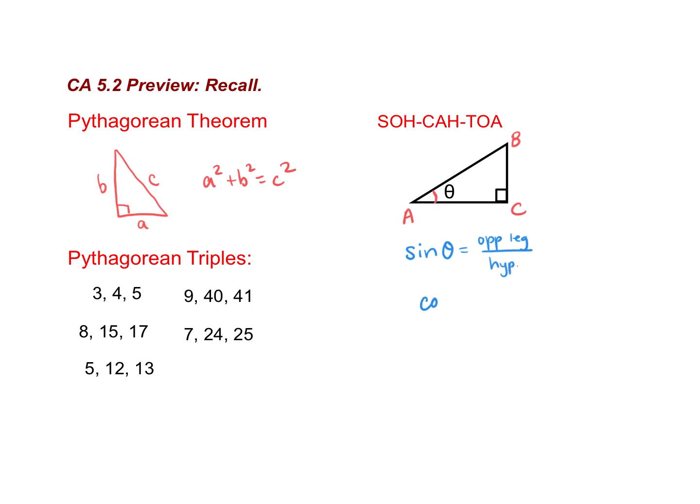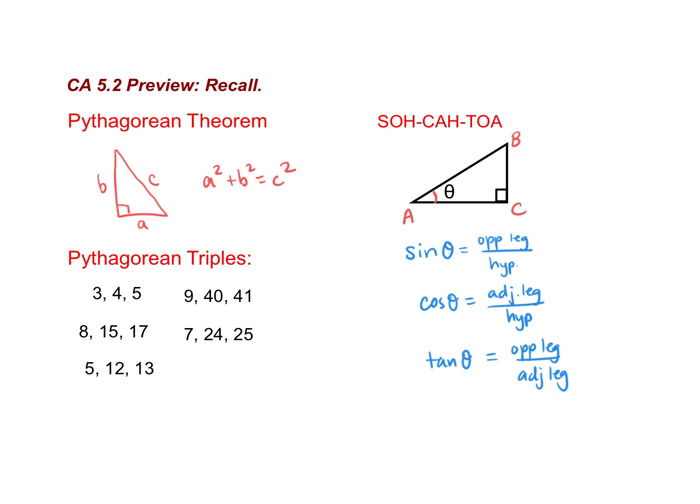And the cosine of theta would be the adjacent leg divided by the hypotenuse. And the tangent of theta is going to be equal to the opposite leg divided by the adjacent leg.